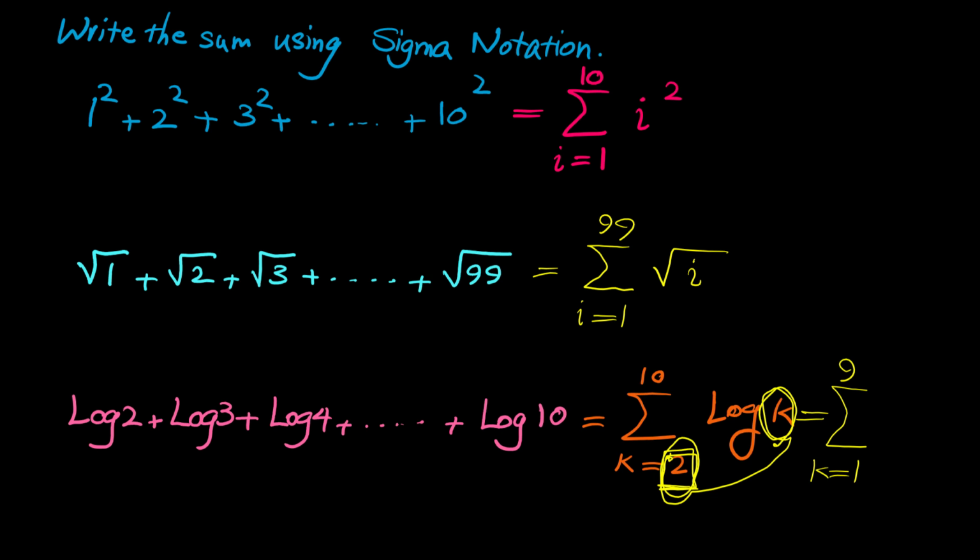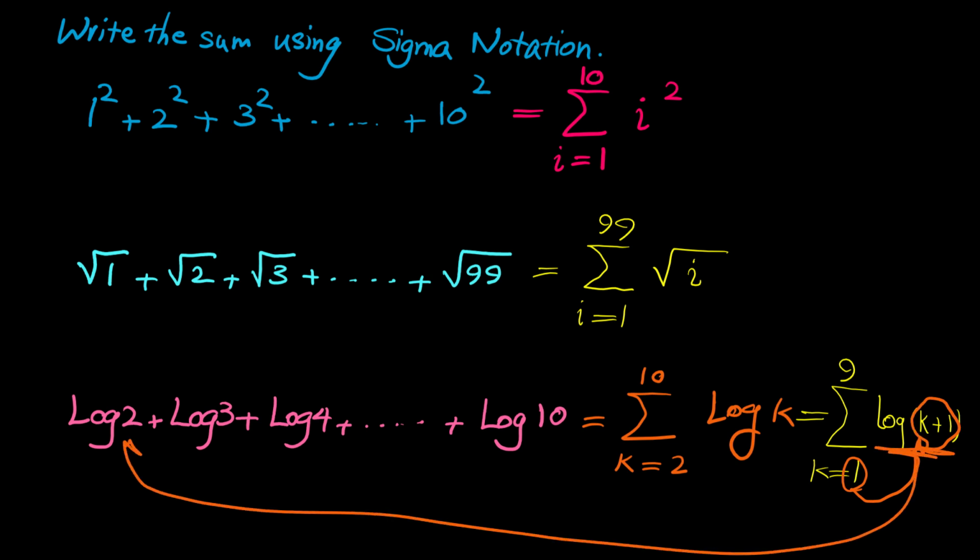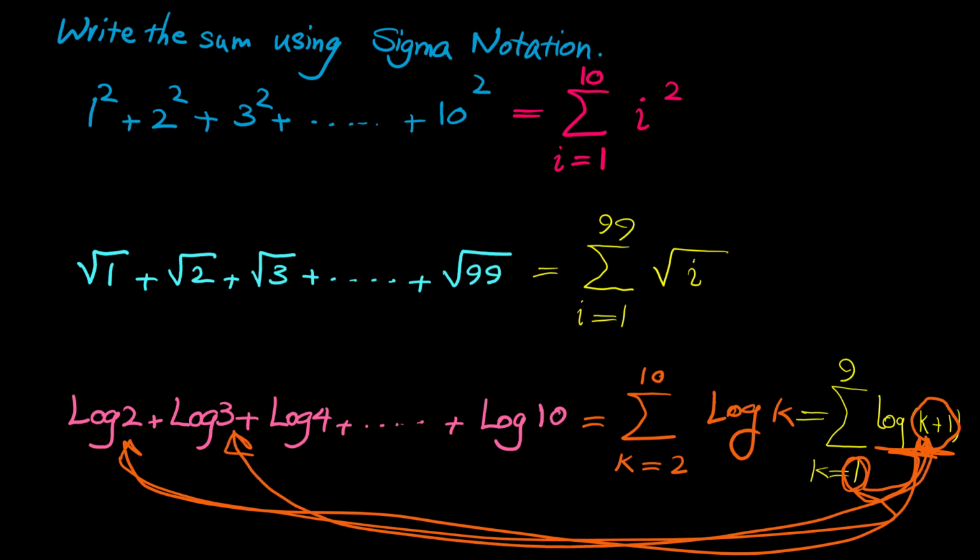So to fix this, simply here you can write log of k plus 1, and then everything is right. Let me show you why. Now if you plug in 1 here, 1 plus 1 would be 2, you have log 2. Then if you plug in 2 here, then you have log 3. And finally, if you plug in 9 here, you have log 10.